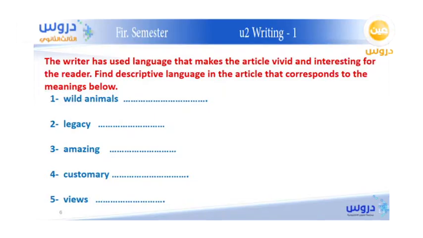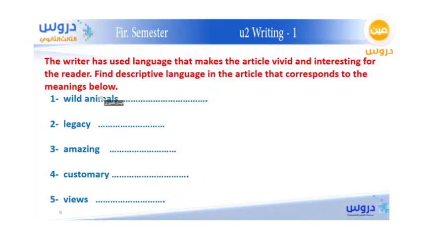Africa, in general, Ethiopia will be in Africa. That's fine. Now, the writer has used language that makes the article vivid and interesting for the reader. Find descriptive language in the article that corresponds to the meaning below.